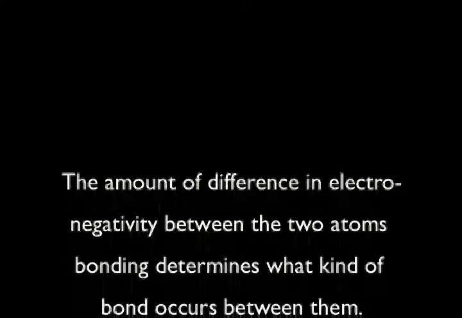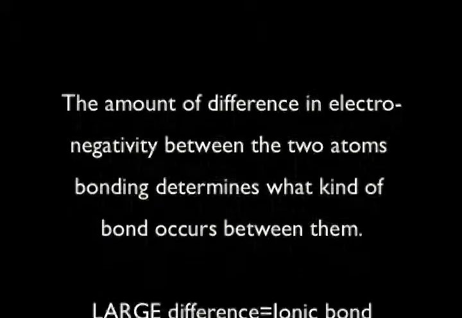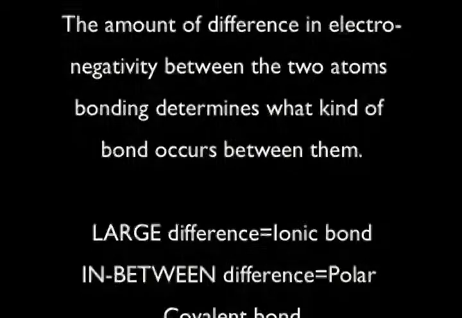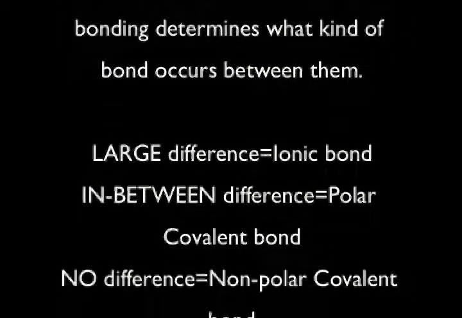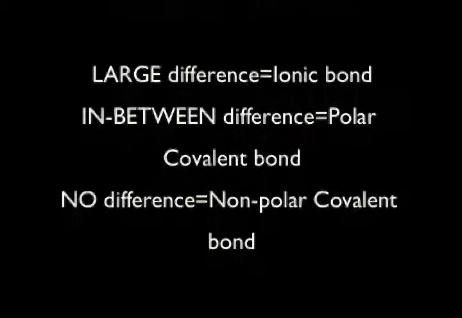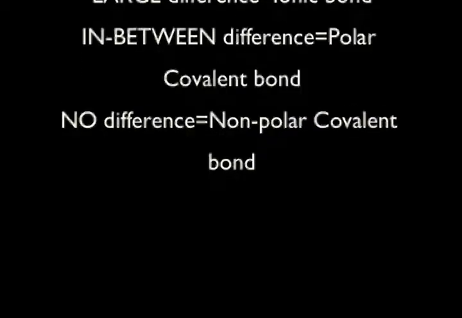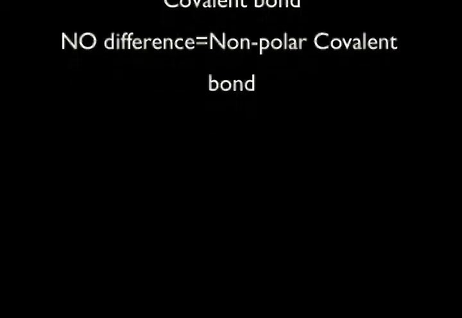The amount of difference in electronegativity between the 2 atoms bonding determines what kind of bond occurs between them. Generally, a large difference comes up with an ionic bond. In between is a polar covalent bond, and no difference is a nonpolar covalent bond.